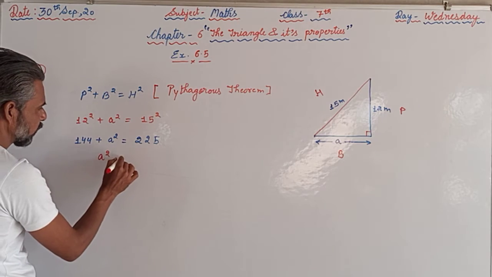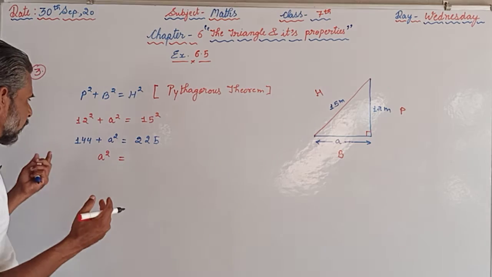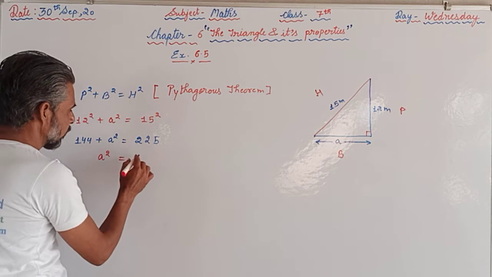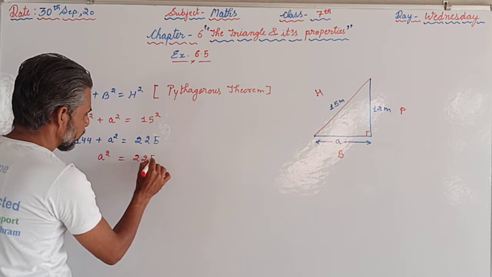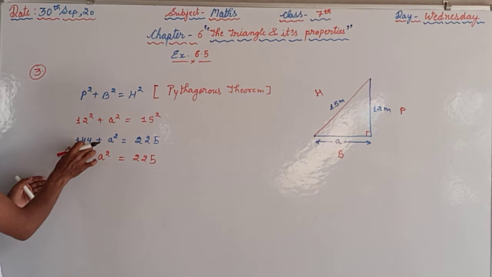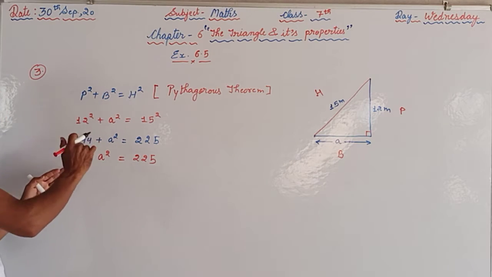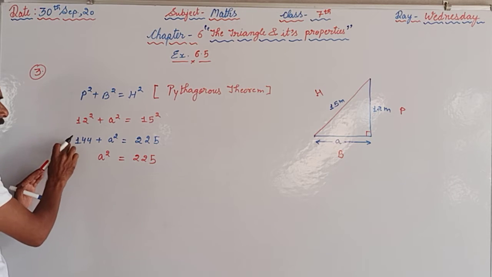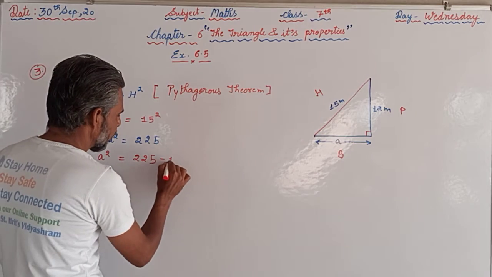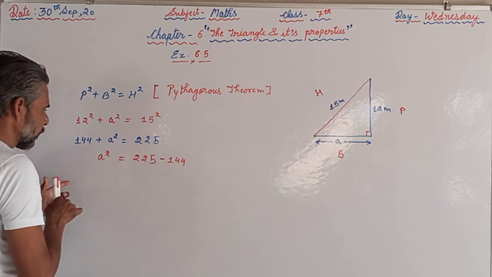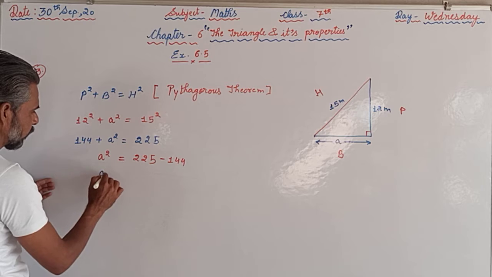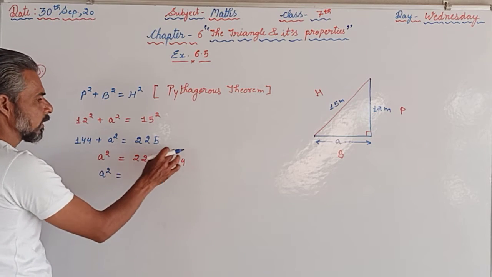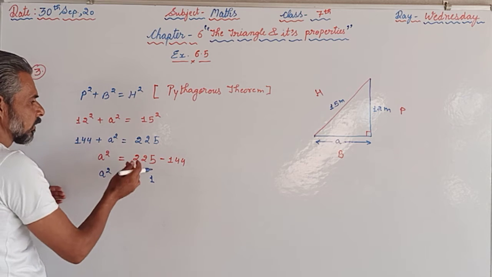To find the value of A square, we transfer all the remaining constant terms to the right hand side. On the right hand side there is 225, and on the left hand side there is 144. When 144 is transferred from the left hand side to the right hand side, the sign will be reversed. It is plus here, so it will become minus. After subtracting 144 from 225: 5 minus 4 is 1, and 2 minus 4 is not possible, so we borrow from the next term.